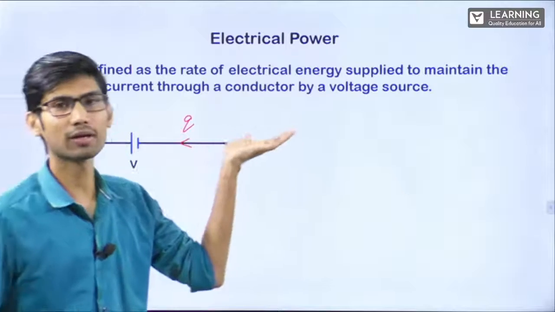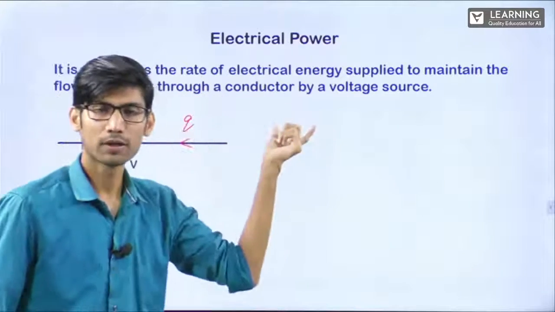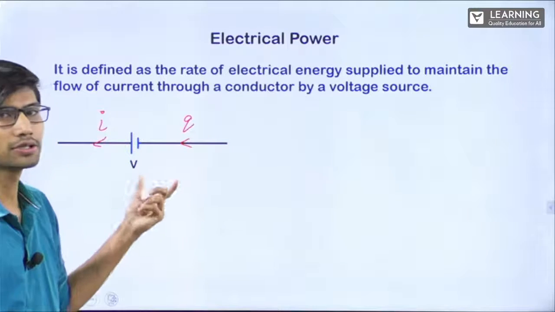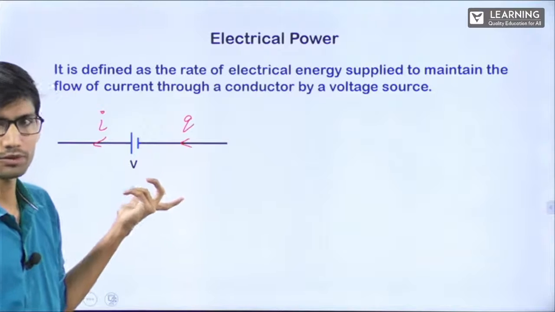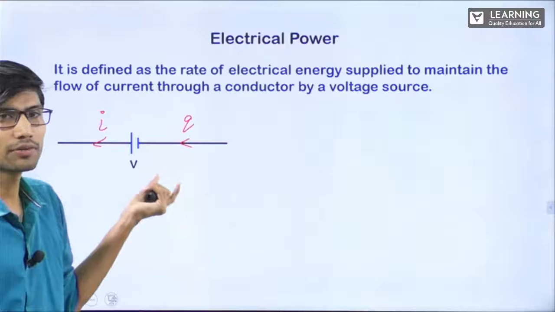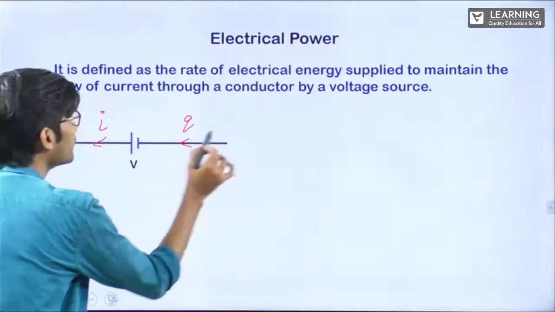For writing power, I need to know the energy, because power is energy per unit time. What is energy? The work done by the battery. Work done by the battery or energy supplied by the battery is the same thing, right? So now, the work done by the battery. If we know the potential difference, we can write the work done. See, here the potential will be V, here it will be 0.